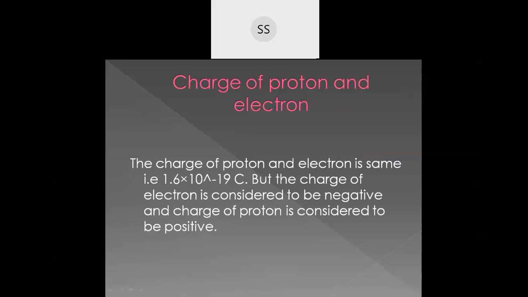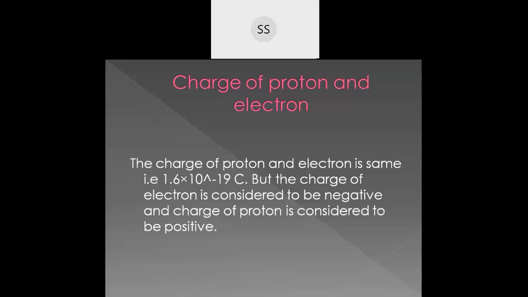Next is the charge of proton and electron. The charge of proton and electron is the same but with opposite sign. The charge of proton and electron is the same, that is 1.6 into 10 to the power minus 19 coulomb, but the charge of electron is considered to be negative and the charge of proton is considered to be positive.